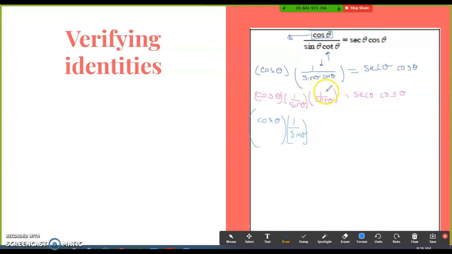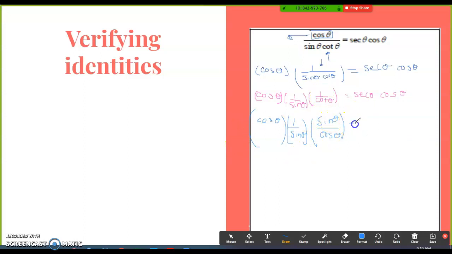So 1 over cotangent would be tangent, and we know tangent is just the sine of theta over the cosine of theta. And another way to think about that is, I know the identity of cotangent is cosine over sine. So if I'm talking about the reciprocal of that, or 1 over that, I would be flipping that and it would be sine over cosine.